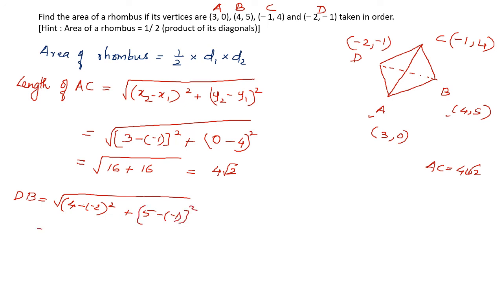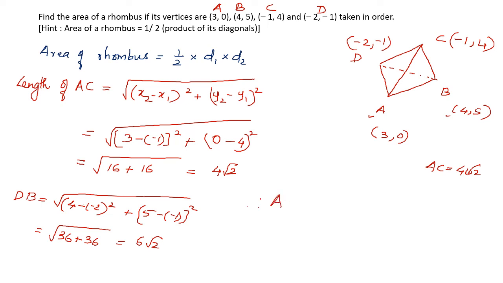That is going to be equal to root of 4 plus 2 is 6, square 36, plus 5 plus 1 is 6, square again 36. So what is that you are going to get? 6 root 2. DB is going to be equal to 6 root 2.